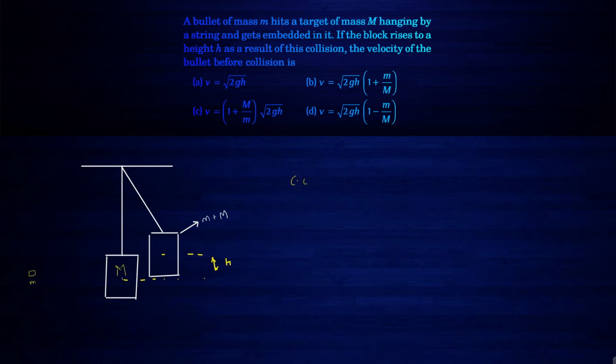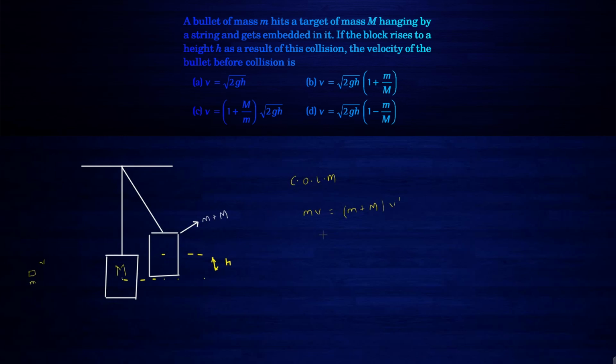By applying conservation of linear momentum, we have m into v equals (m plus M) into v dash, as this is a perfectly inelastic collision, and if the velocity of the bullet is v before collision, we can write this equation.